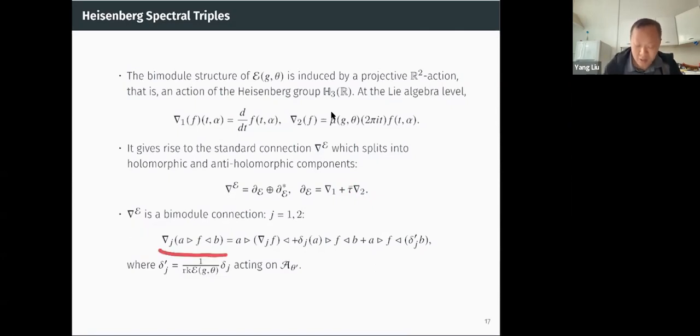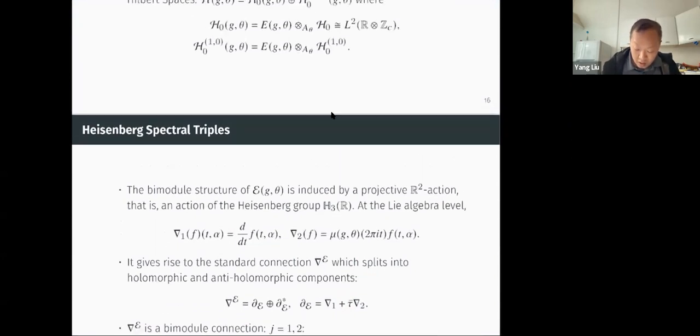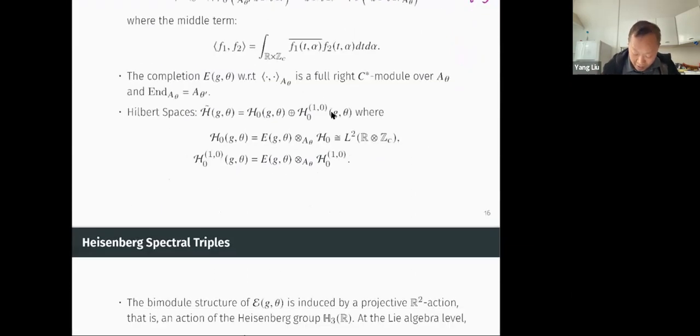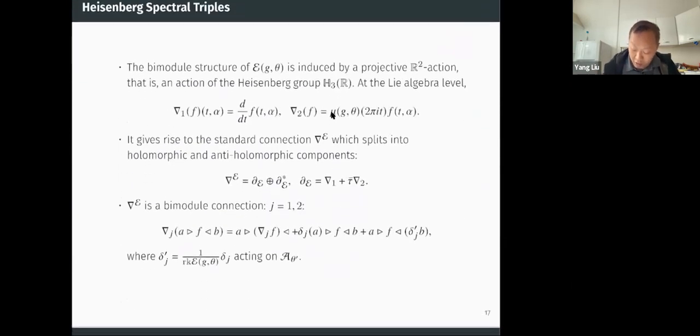This is simply the Leibniz property, the derivation property. I put it together with the left and the right modules. I hope you can see that this is nothing but the Leibniz property. Small things: because of some inner product, we have to normalize this derivation a little bit in here.